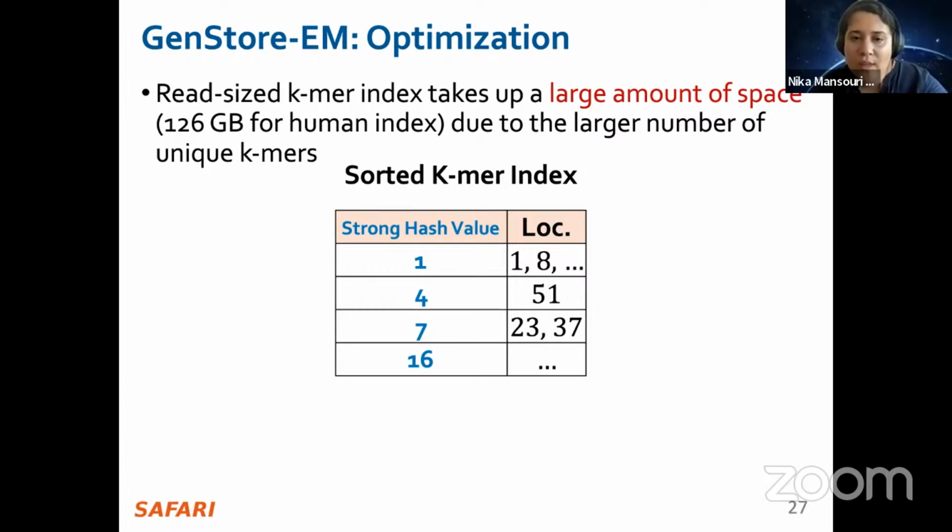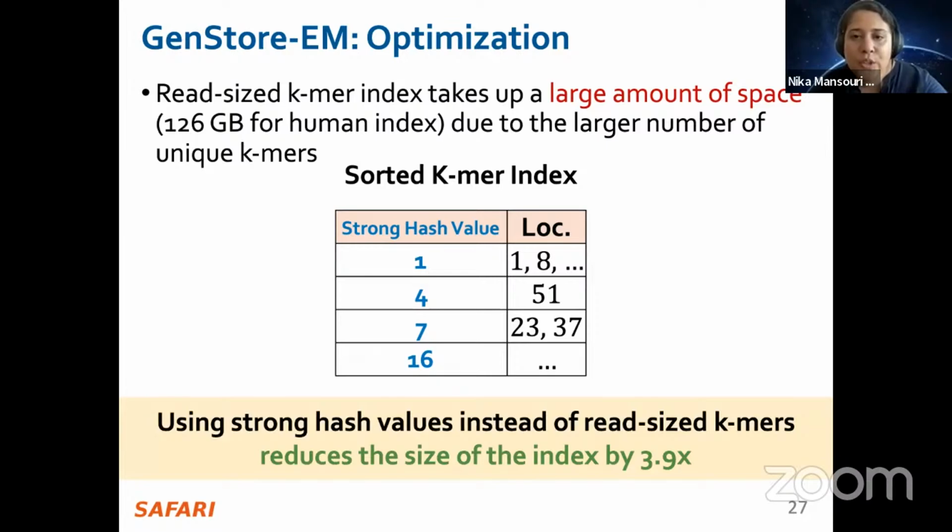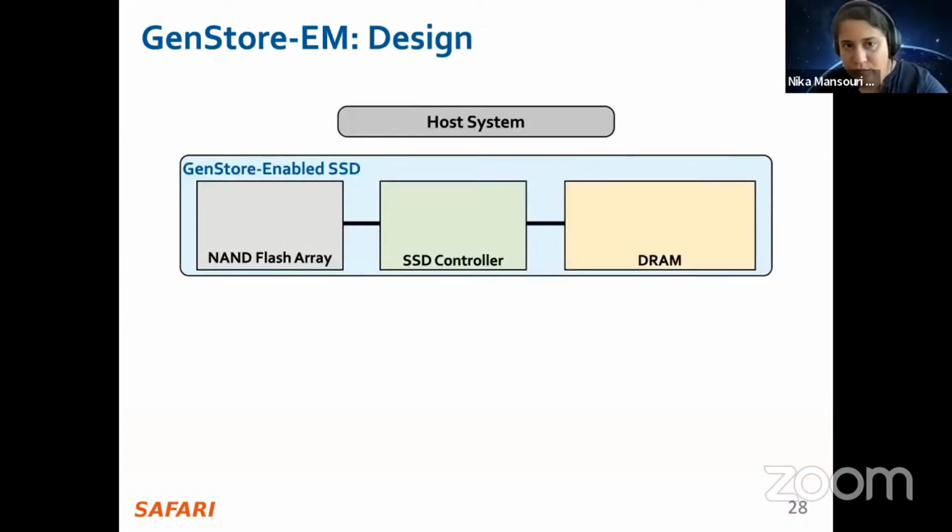So using strong hash values instead of read-sized k-mers reduces the size of this index by 3.9 times. While this index is still larger than the baseline k-mer index using the conventional read mappers, our proposal is feasible for storage processing due to the large capacity and high internal bandwidth of modern NAND flash-based SSDs.